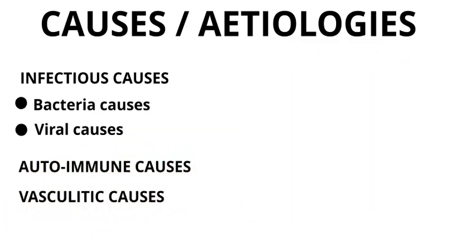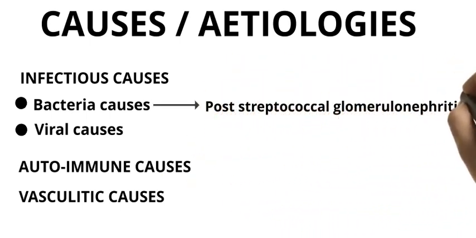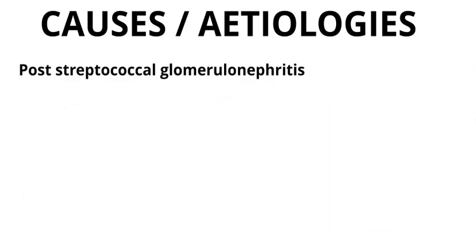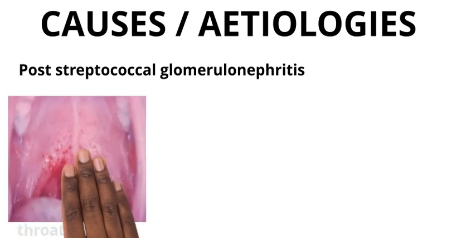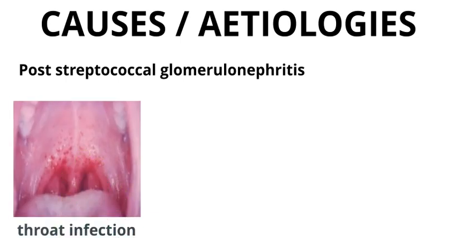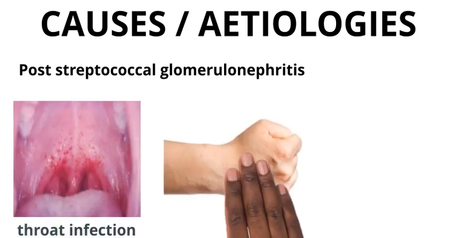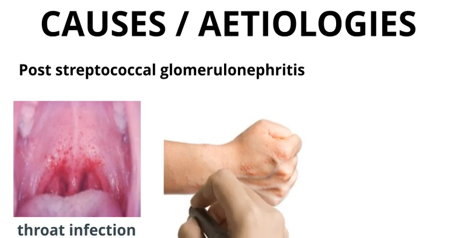Under the infectious causes, under the bacterial causes, we have post-streptococcal glomerulonephritis. Glomerulonephritis may develop a week or two after recovery from a strep throat infection, or sometimes, but rarely, after a skin infection, such as impetigo.